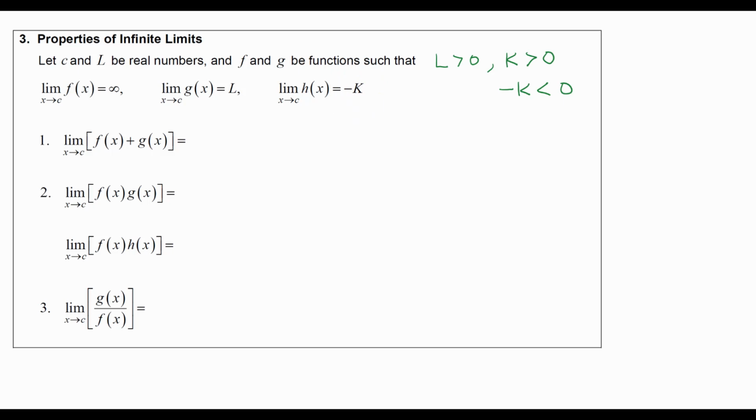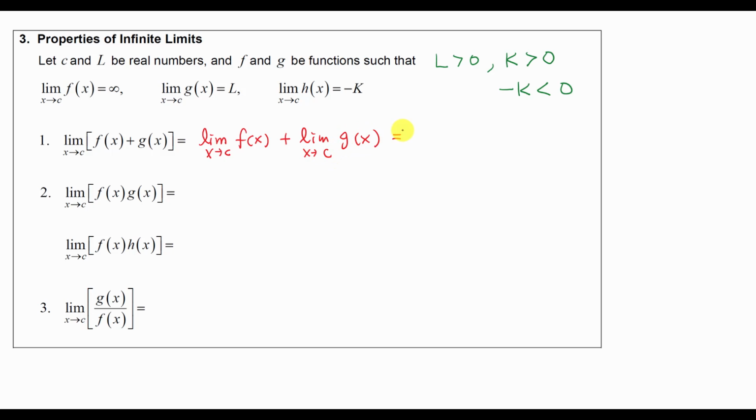Then what would happen if you have the limit as x approaches c of f of x plus g of x? Well, we have learned this before in the past. The limit of a sum of two functions is equal to the sum of the limits of the two functions. So that will be equal to the limit as x approaches c of f of x plus the limit as x approaches c of g of x.